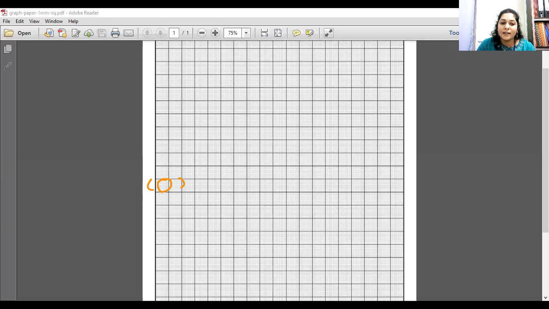Go ahead and start fixing the values of x, and then you will be getting the subsequent values of y. Once you get the subsequent values of y, what you're supposed to do is go to the graph sheet and start plotting these values.